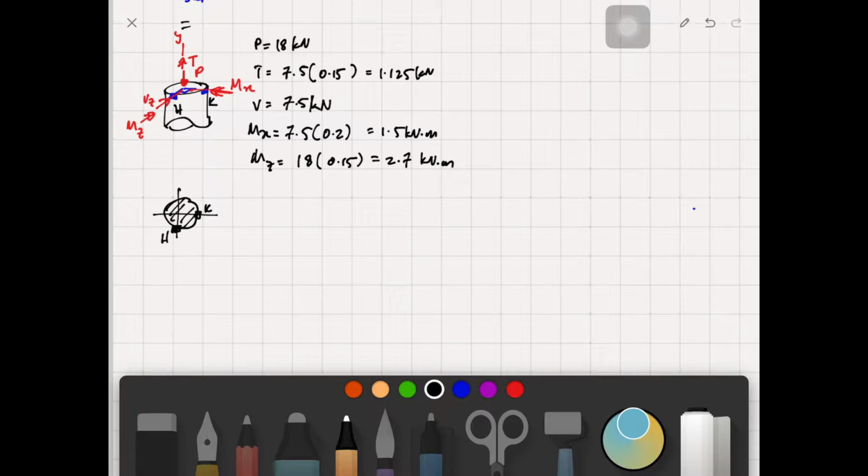Four types of them, divided into two types: sigma for normal stresses, and the other one is tau for shear. The shear is going to be divided into two. One is the torsional type, and the other one is the transverse shear.